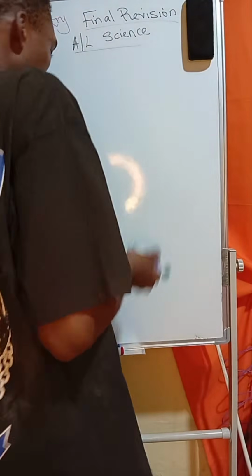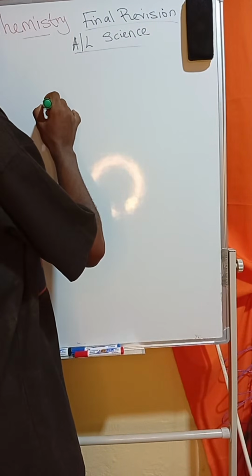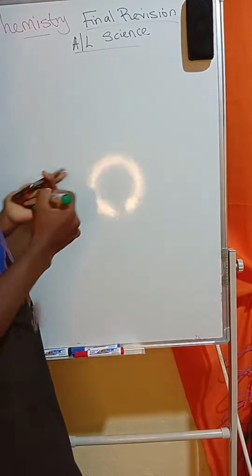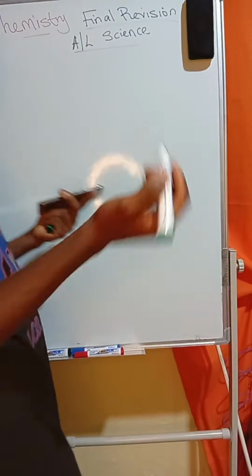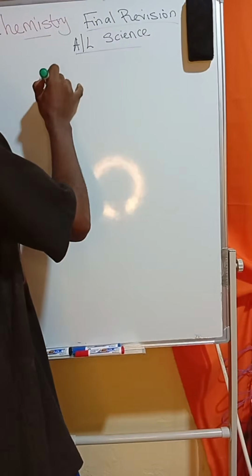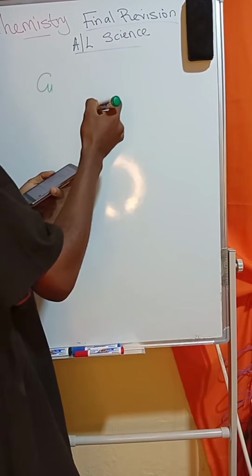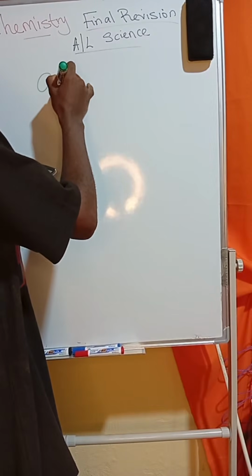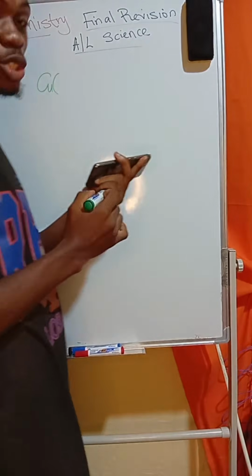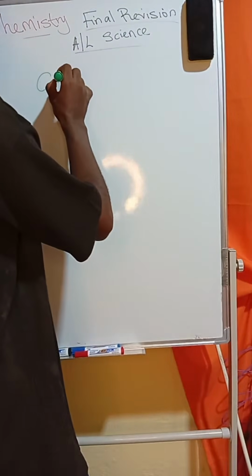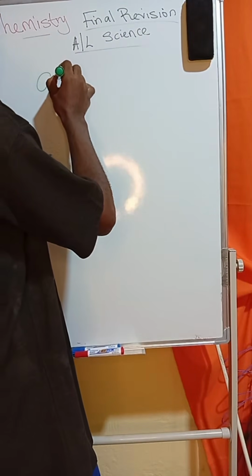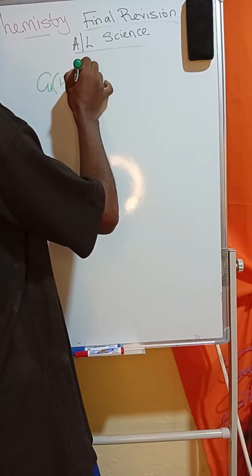So for the cis isomer, we already wrote it. I will still put it for you people so that by the time we put the isomers, you should see clearly. We have copper. I wiped the board early. We have H2O here.